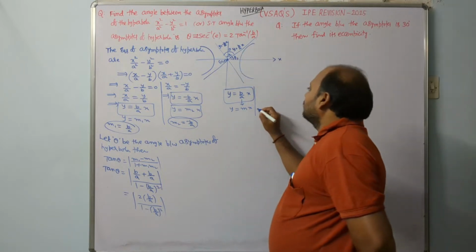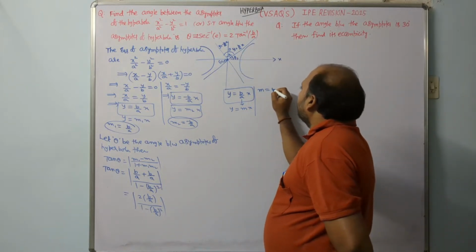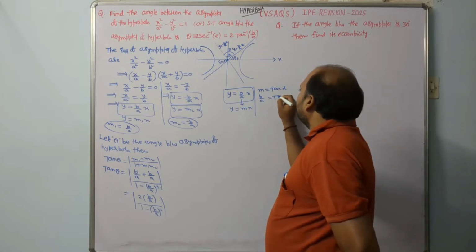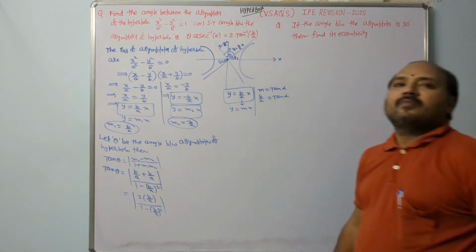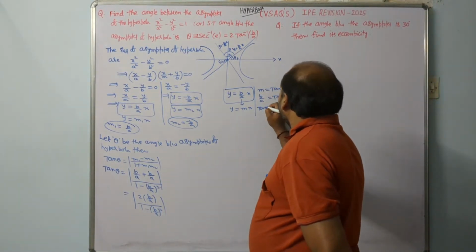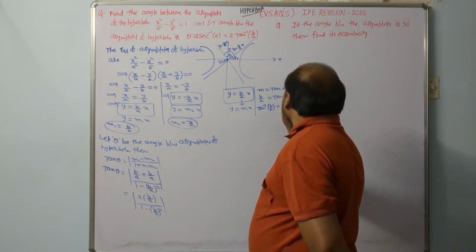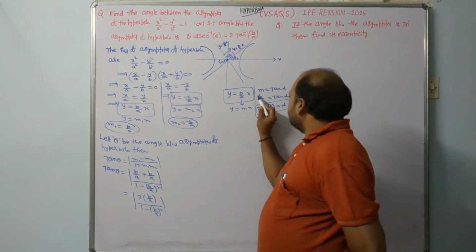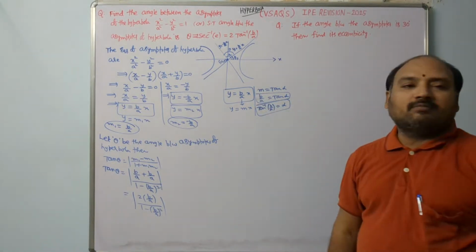So m is equal to tan alpha I am taking. So b by a is equal to tan alpha. So from this, tan inverse of b by a is equal to alpha. So wherever b by a is there, you replace with tan alpha.